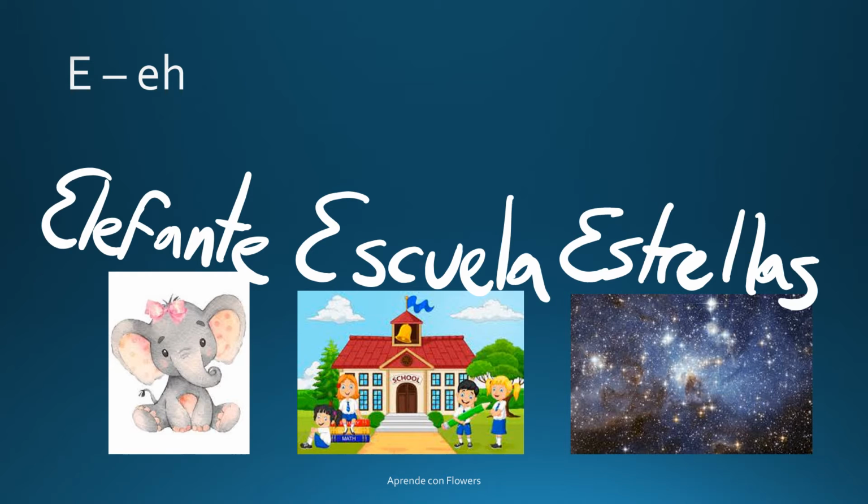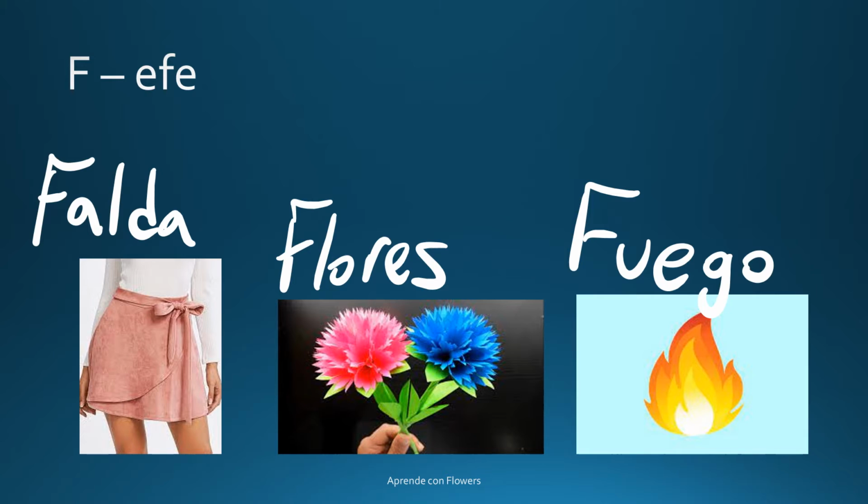E, E is not pronounced E. So that's a little confusing for some English speakers. It's E: elefante, escuela, estrellas. F, F de falda, flores, fuego.